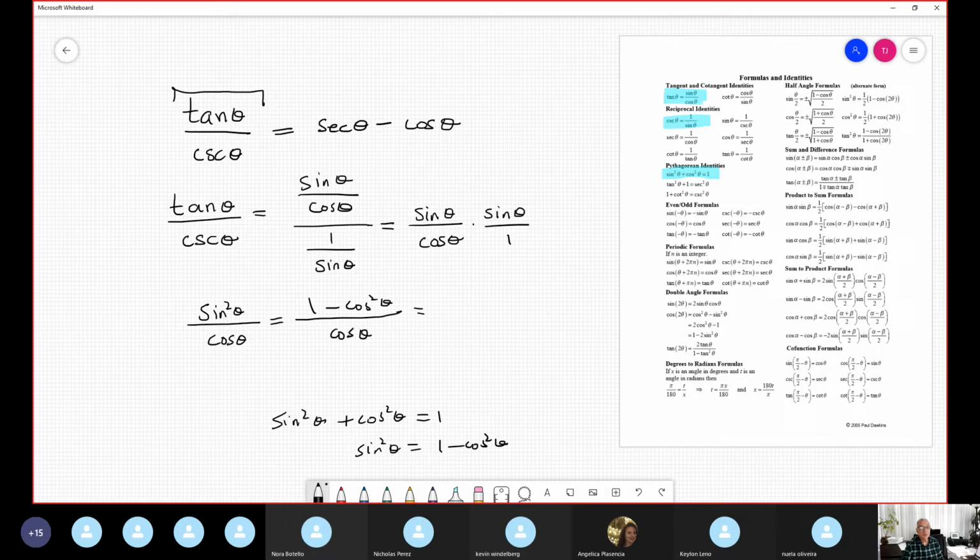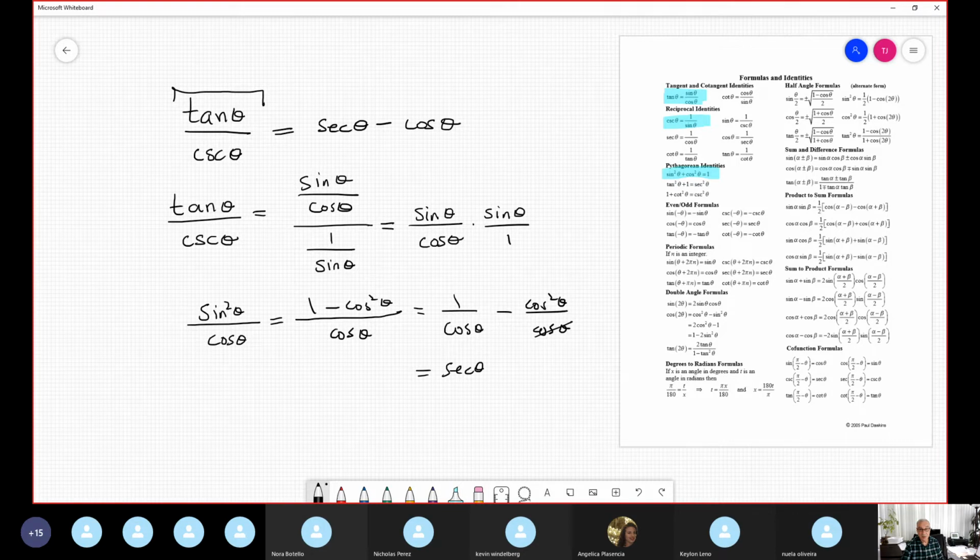And you split again this common denominator: 1 over cosine minus cosine square theta divided by cosine theta. Bueno, it's obvious. This is secant, and this is cancelled out, no? At least one is minus cosine. Boom. This answer is equal to this answer.